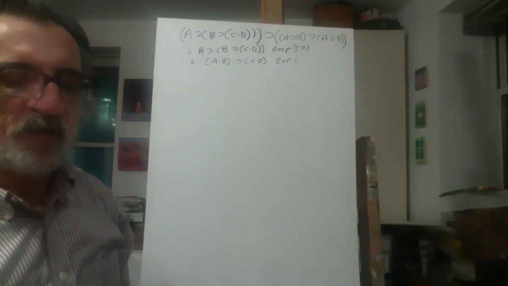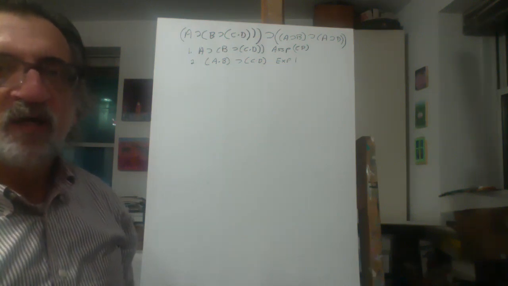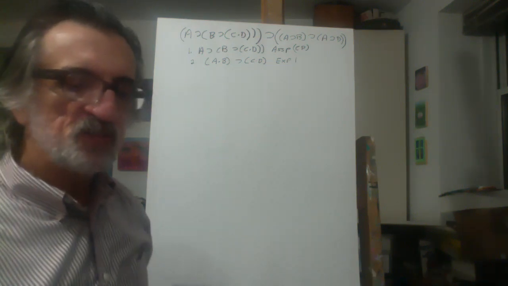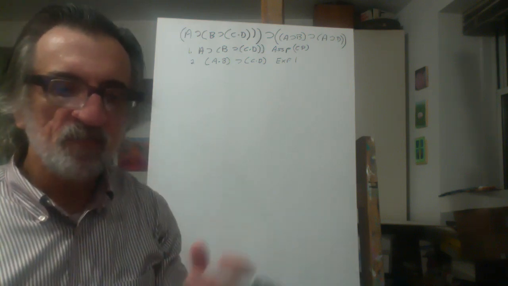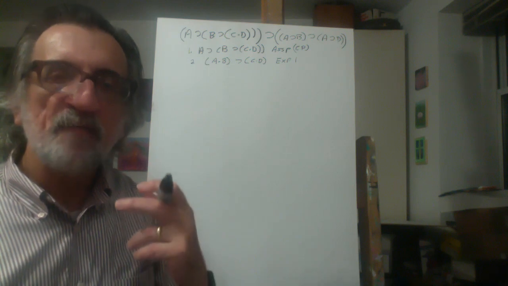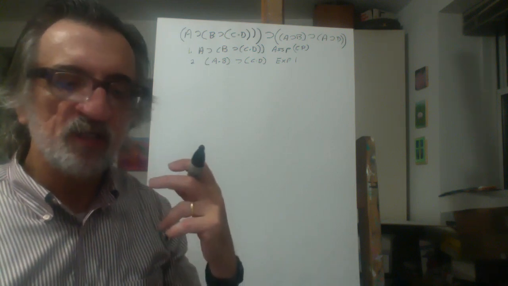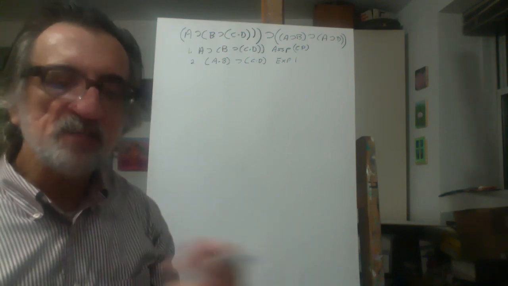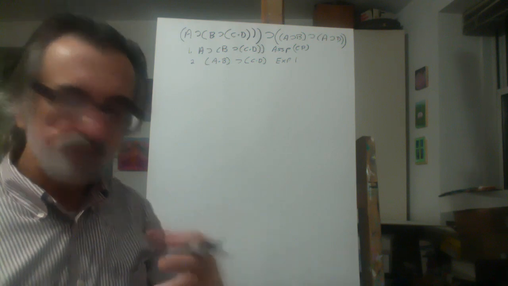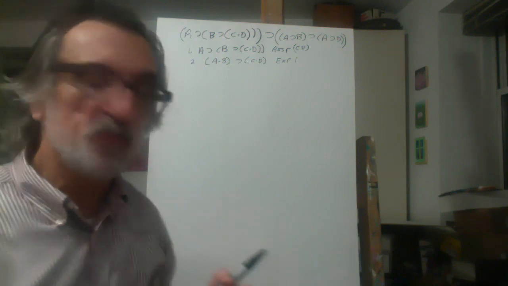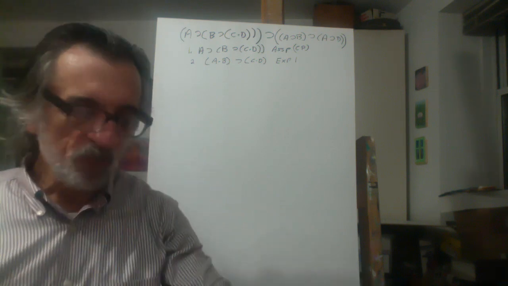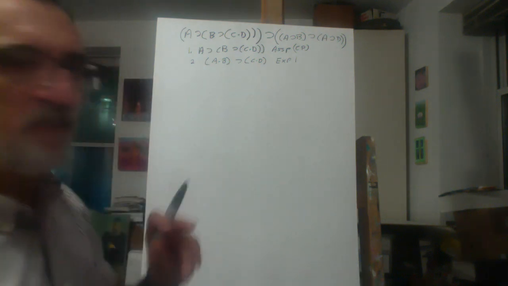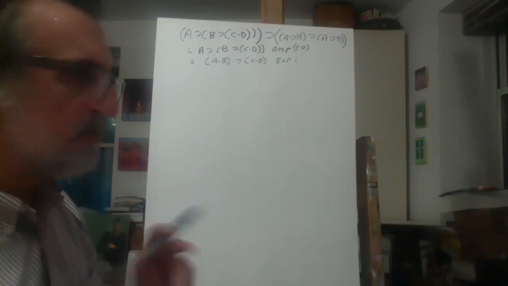And from line 1, exportation gives you if A and B, then C and D. That's a conditional, okay? And that means you can change it into a disjunction and then arrange the parts of the formula you wind up with. You'll see what I'm doing as I go here so I can keep this next part brief with a minimum of commentary.